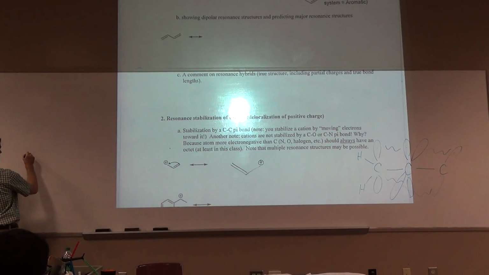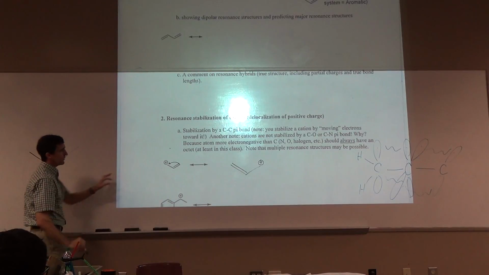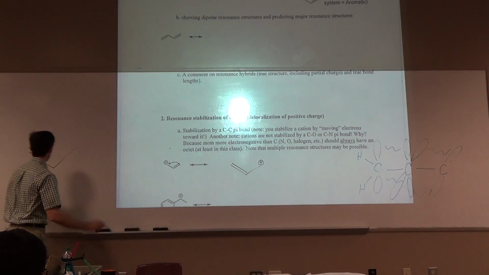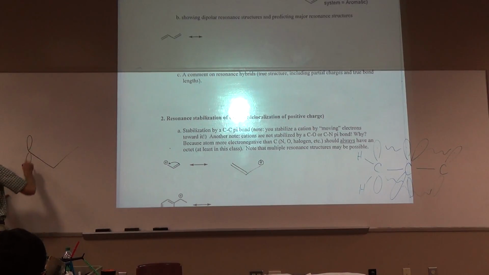But first let's do theory. What's the hybridization of this carbon here? sp2 with a p orbital. How many electrons in the p orbital? It's empty. That's why it's a positive charge.